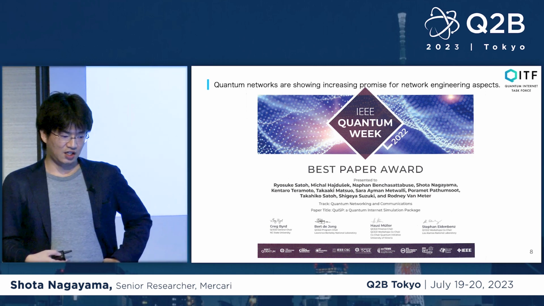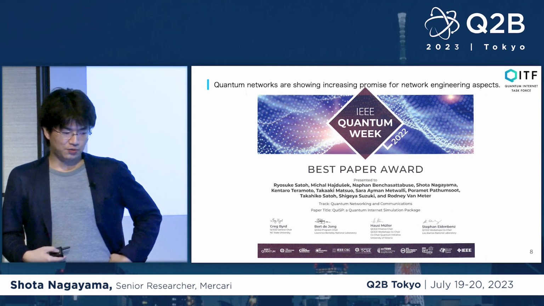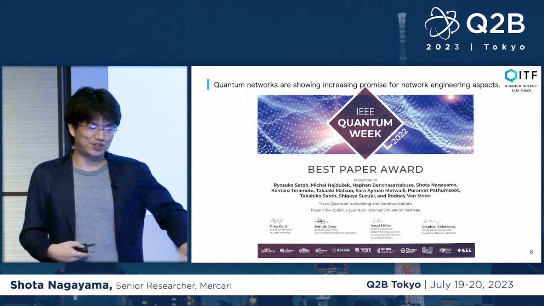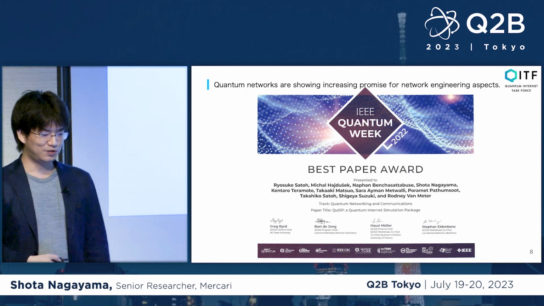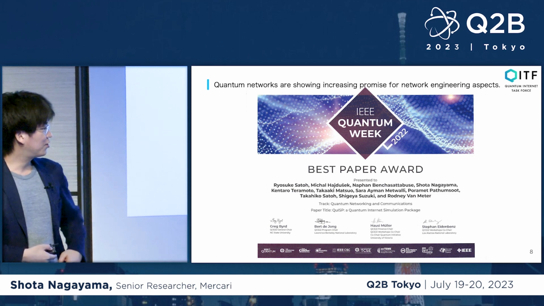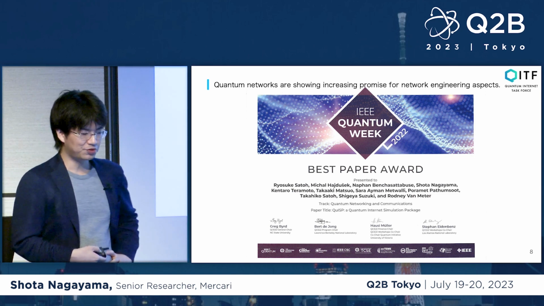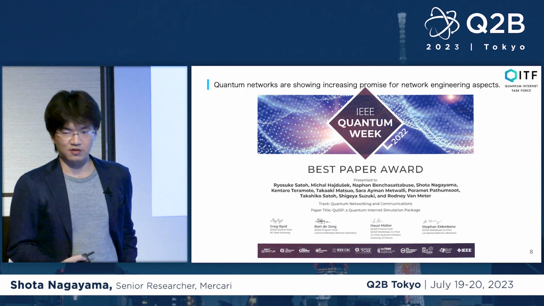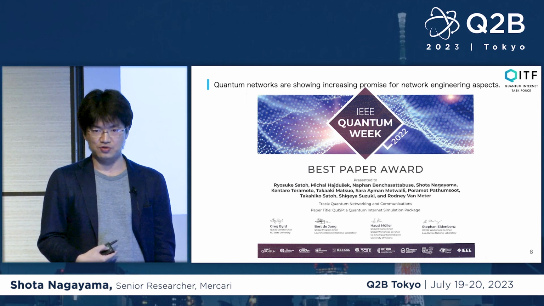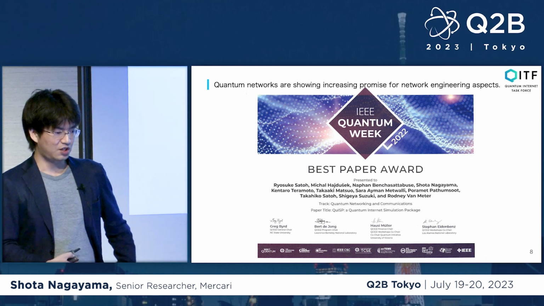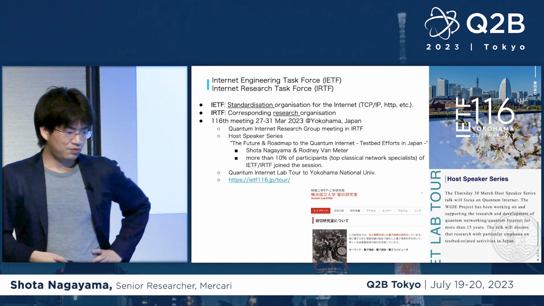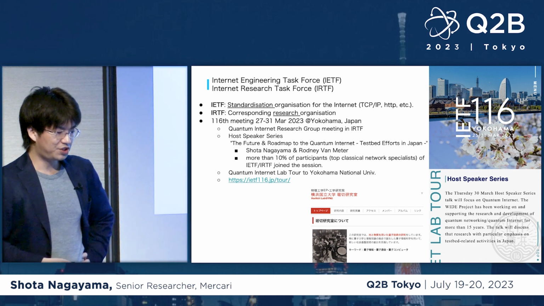IEEE is the communication standard creating organization. Ethernet and other cables and standards that are used for the classical internet are also established by this organization. Our research was praised by this organization and awarded the Best Paper Award. So the engineering area is now focusing on the quantum internet.